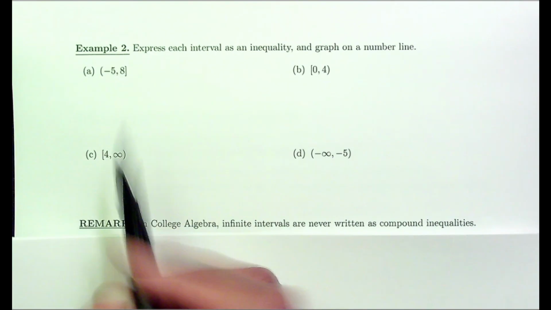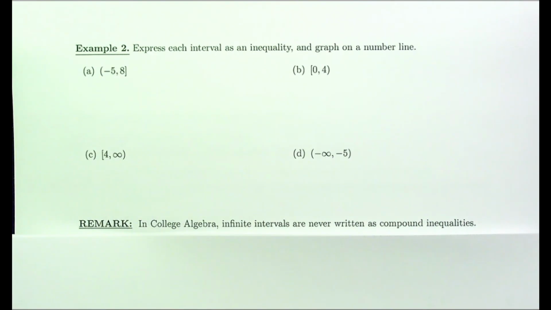Okay, now we would like to go in the opposite direction and go from the interval notation to the inequality notation and the graph notation, the graph on a number line. So this interval says parentheses -5, comma 8, square bracket.